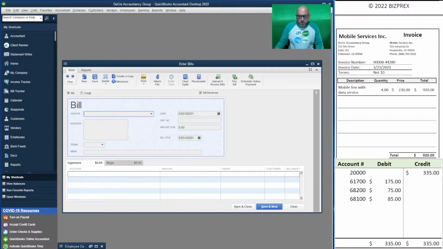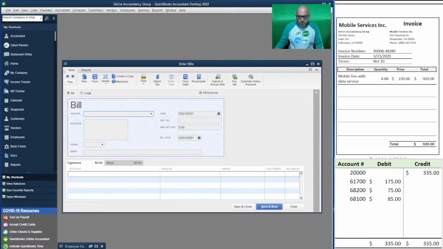All right. Mobile line. Telephone 920 makes sense. 6810. 920, 920.